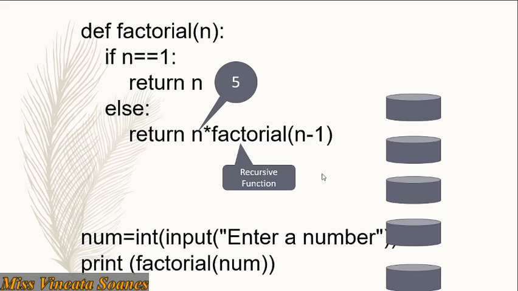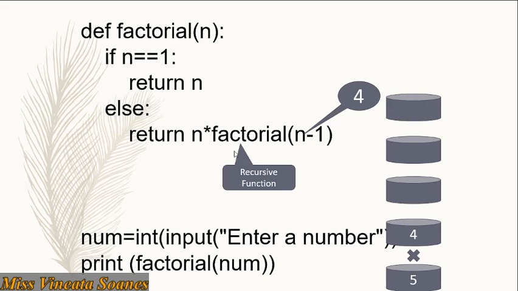Then what happened to this 5? The moment you said multiply and then you are calling a function, it gets stored in a stack, right? It gets stored there, and then again it calls factorial, and you're sending another number, and that is 4, to factorial. Again this 4 is not equal to 1, it will not return n, it comes to the else and returns 4.